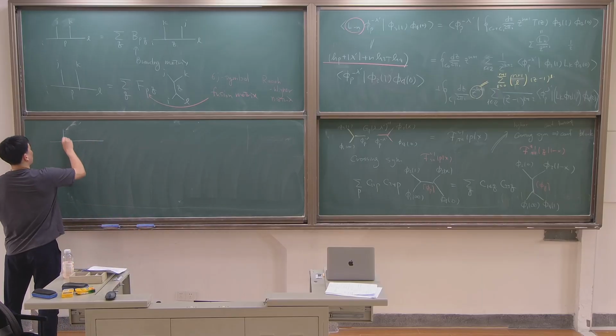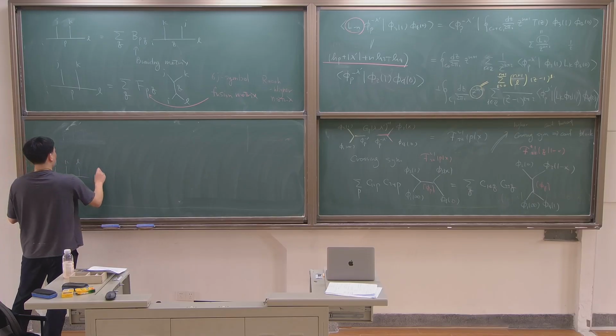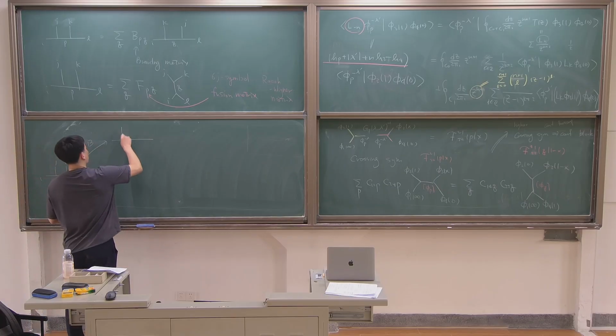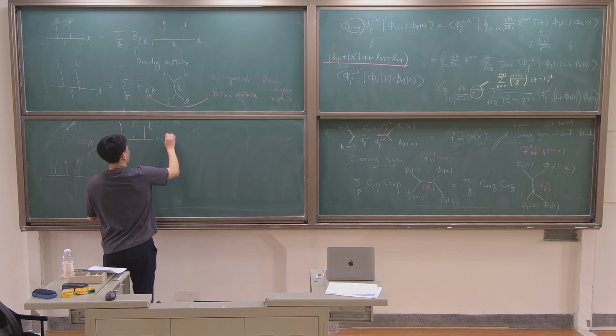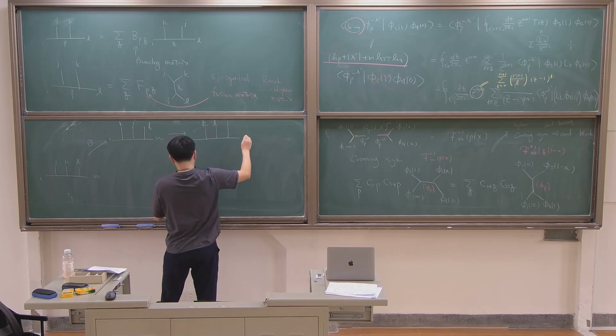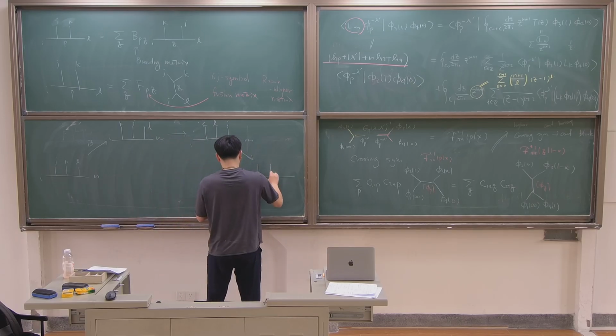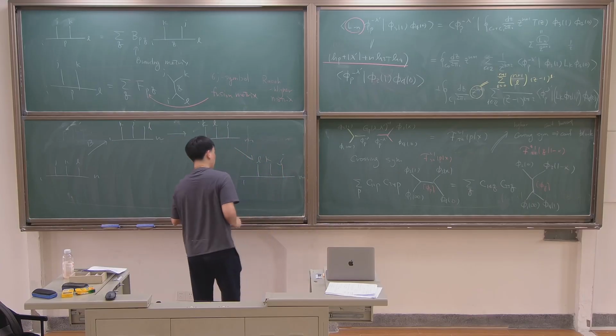So you start with this kind of conformal block, maybe start here: I, J, K, L, M. And the braiding matrix would tell you I, K, J, L, M. And this is the same as the Yang-Baxter equation.